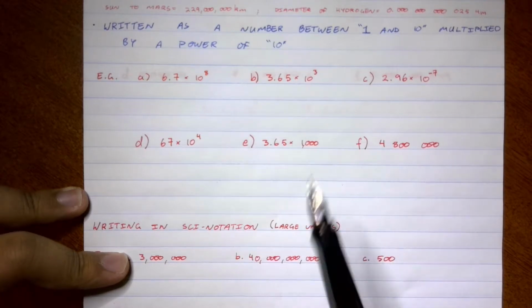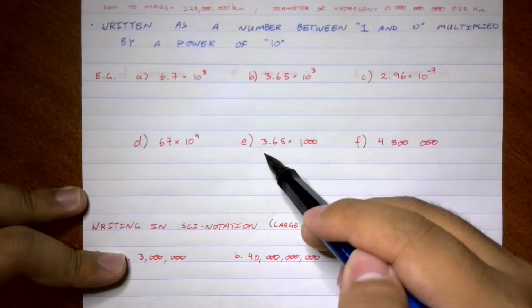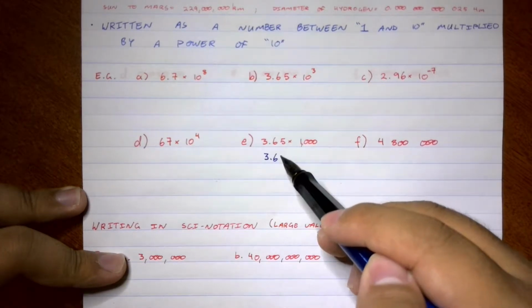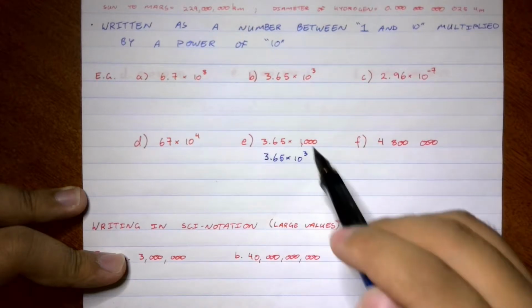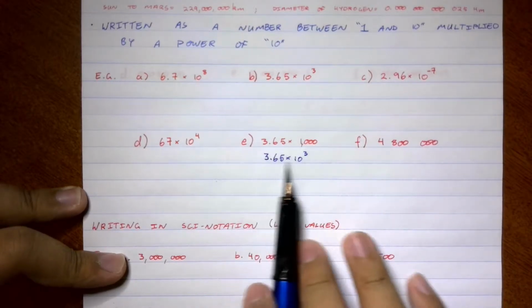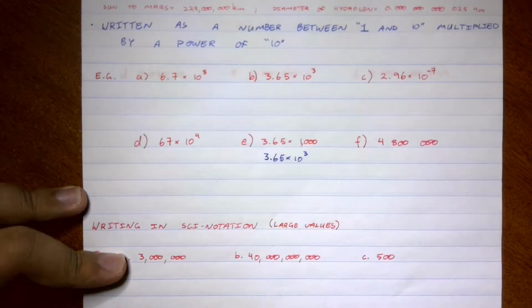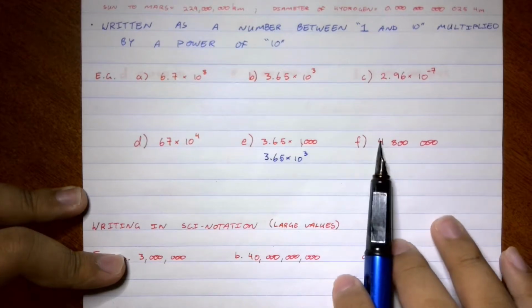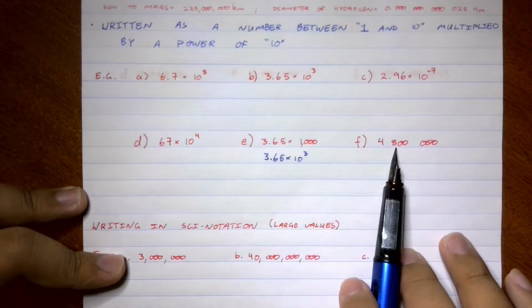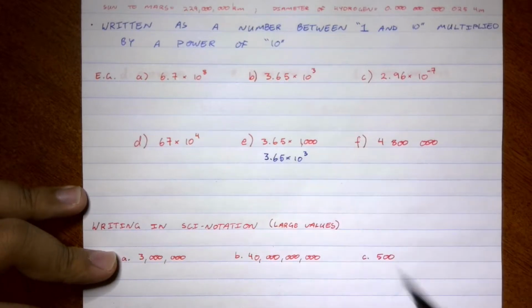For this to be scientific notation, it must be written properly in this form. And lastly, this one is clearly not scientific notation, as it is not a number between 1 and 10, and it is not being multiplied by some power of 10.